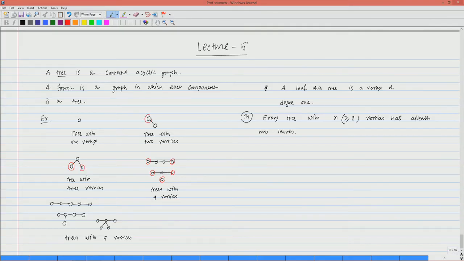So here both are leaf node because both are of degree 1. So this tree has 2 leaf node, this tree has 3 leaf node, and this tree has 4 leaves. Okay, so this is quite clear, but we need to formally prove this one.